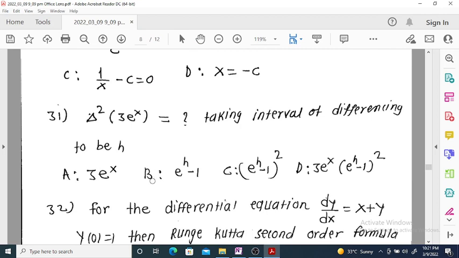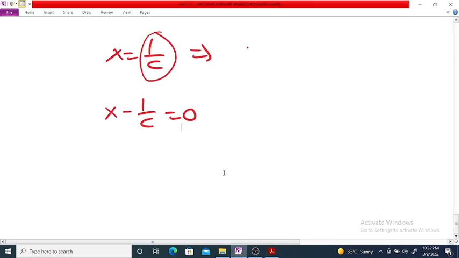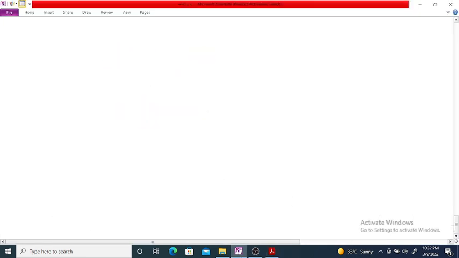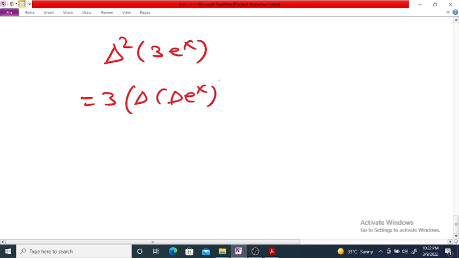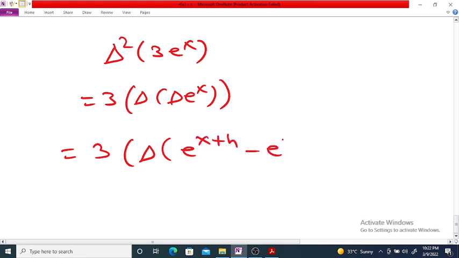Delta square of 3e raised to x, with interval difference h. So we want to determine Delta square of 3e raised to x. Now 3 is outside, so this is 3 times Delta of e raised to x, that is f of x plus h minus f of x, so it is e raised to x again.